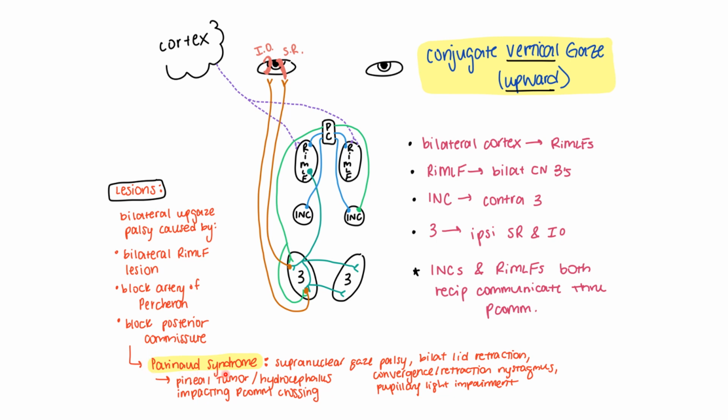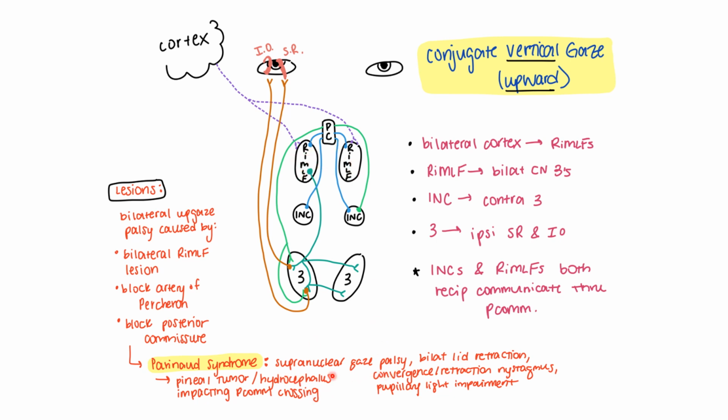And then this Parinaud syndrome is important. So Parinaud syndrome is this blocking of the posterior commissure. It's usually via hydrocephalus or a pineal tumor, because the pineal gland is going to be sitting right over here. So basically anything impacting the PCOM crossing can cause this Parinaud syndrome. So what you see when you block this is obviously you have the bilateral upgaze palsy or supranuclear gaze palsy, because you're not creating this palsy by taking out a nucleus.